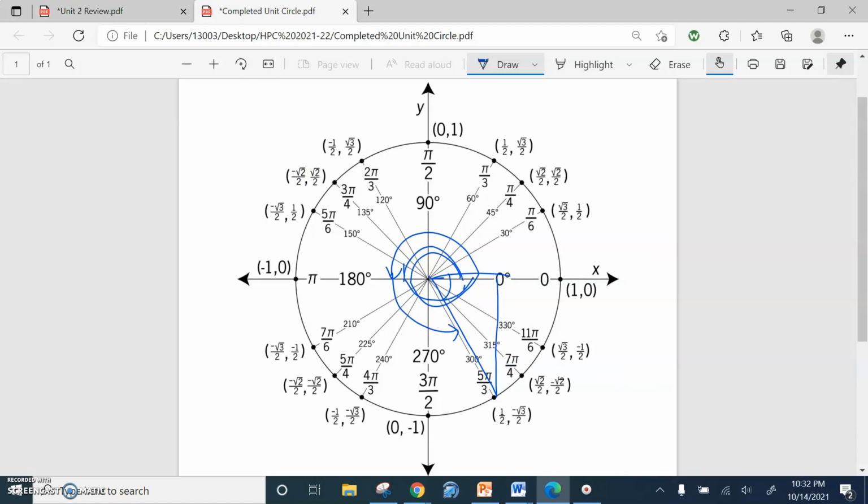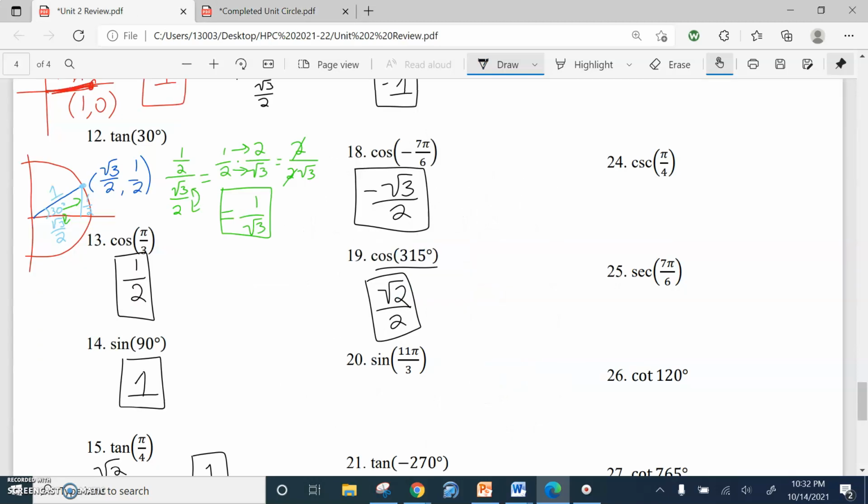So sine of 11 pi over 3 is the y value of just 5 pi over 3. And if you look at what the y value is, it's negative square root 3 over 2. So negative square root 3 over 2. And just like that, you've got another answer.